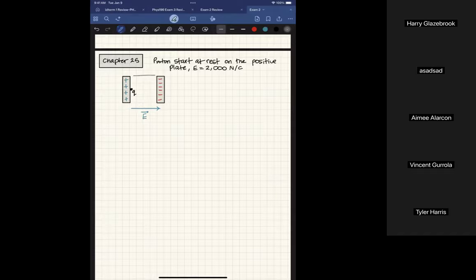They also give us that the spacing D is, say, 2 centimeters. And they may ask, what is the speed of the proton when it reaches the negative plate?